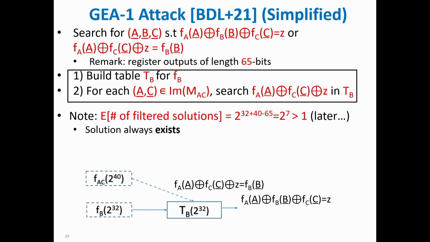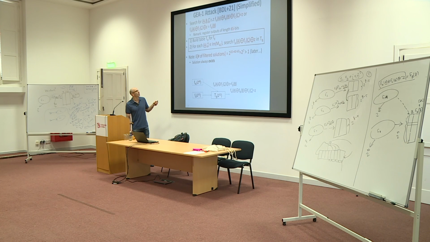So the number of internal states we are actually computing here is 2 to the 72, because it's 2 to the 40 times 2 to the 32. Then the number of expected solutions you would get from this procedure is 2 to the 32 plus 40 minus 65, because you have a 65-bit filtering condition on the Z keystream, and then you get 2 to the 7 possible solutions, which is actually larger than 1.